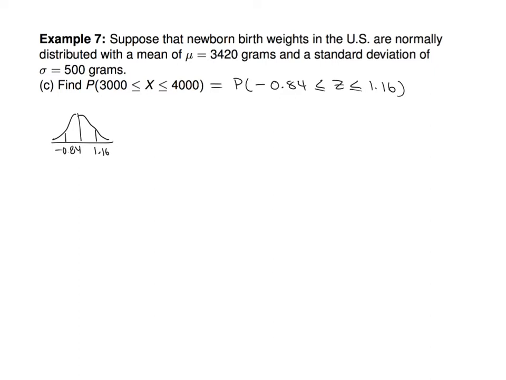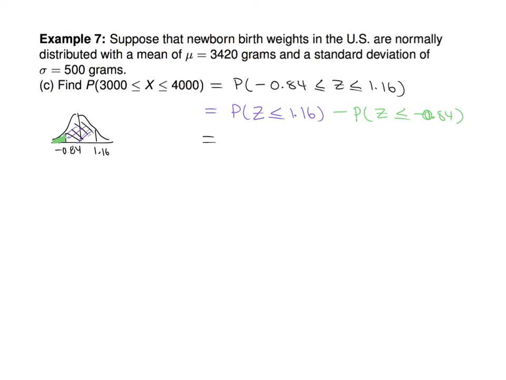So obviously you want to find that number, which is the probability that z is less than or equal to 1.16, and you want to take away that bit. And then you'll have this area in the middle.